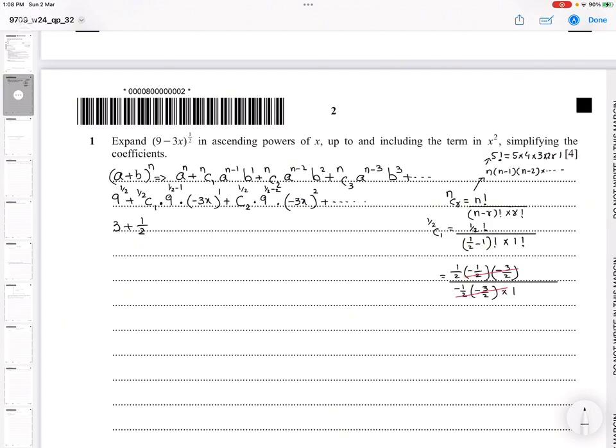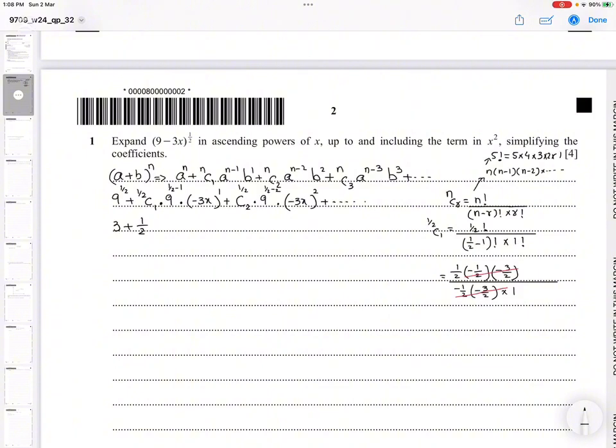So you can write it here, plus 1 over 2. And 9 power 1 over 2 minus 1. So 1 over 2 minus 1 is minus 1 over 2. And minus 1 over 2 means you bring the numerator to the denominator, so the negative sign would be changed into a positive sign.